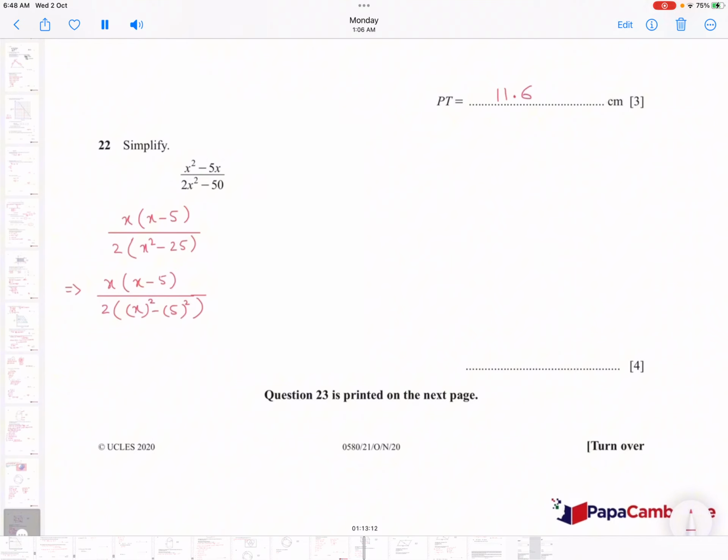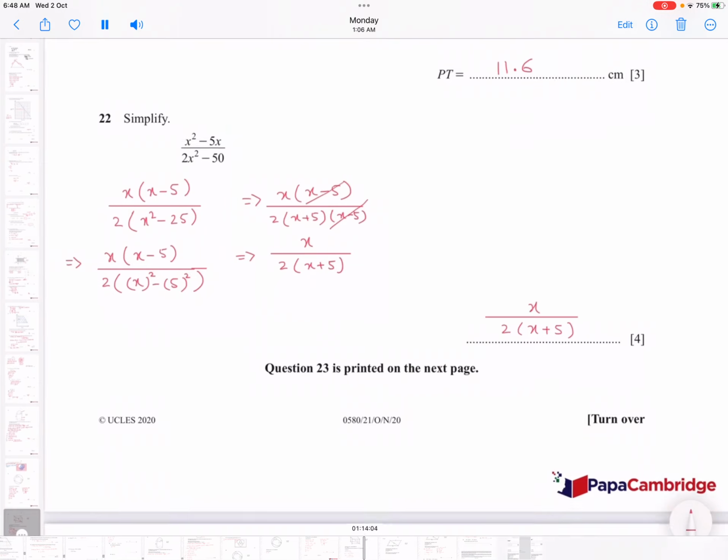Now it becomes an identity, x squared minus y squared, which is x plus y times x minus y. So you can write x plus 5 times x minus 5. So x minus 5 and x minus 5 cancel each other out. So you are left with x over 2 times x plus 5. This is your answer.